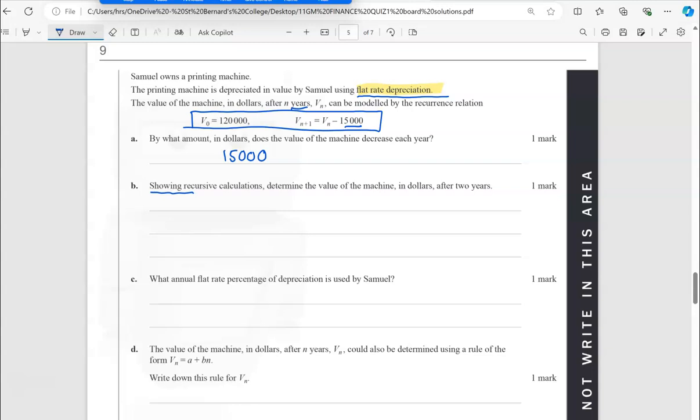So now this is important. It's now saying show recursively the value of the machine after 2 years. You've got V0 up there. So it says after 2 years, and you have to show it recursively. So that means you have to write V1 would be the V0 minus the 15,000, and then you get an answer.